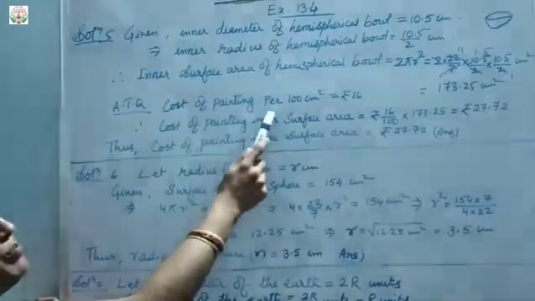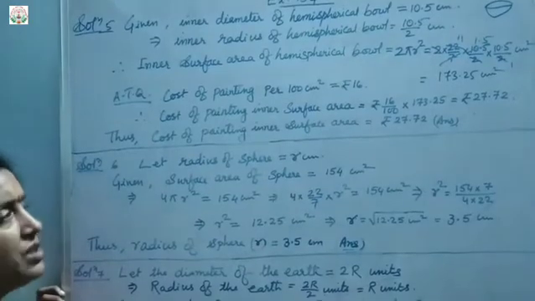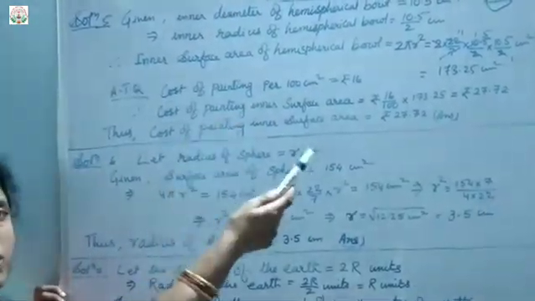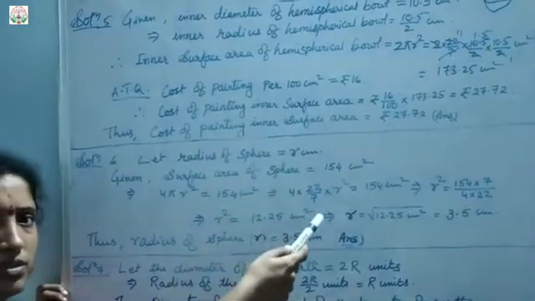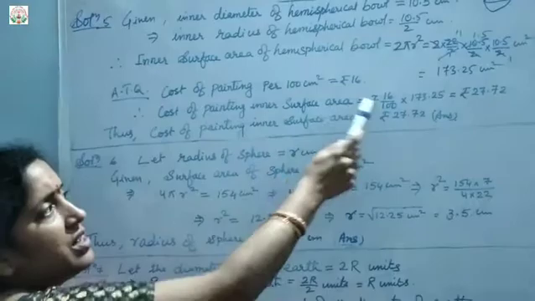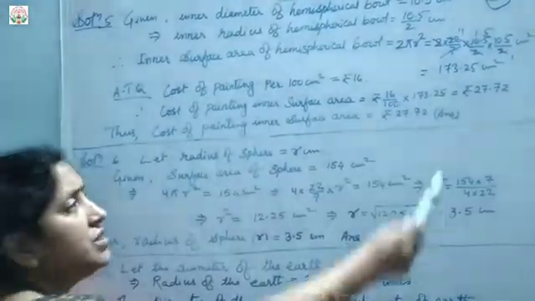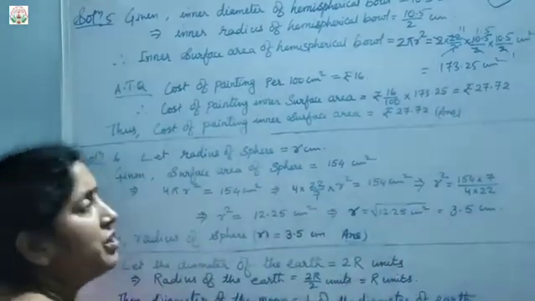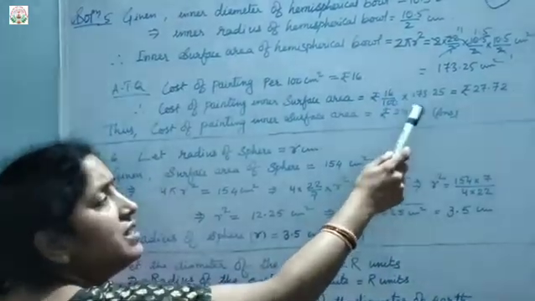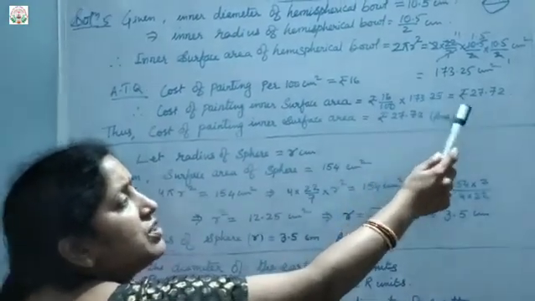Okay, so now here according to the question what is given? Cost of painting per 100 cm square equals rupees 16. Okay, so 100 cm square is rupees 16. 1 cm square how much? Rupees 16 upon 100. So cost of painting the inner surface area. What is the inner surface area? 173.25 cm square. So for that what will be the cost? Rupees 16 upon 100 into 173.25 equals to what?